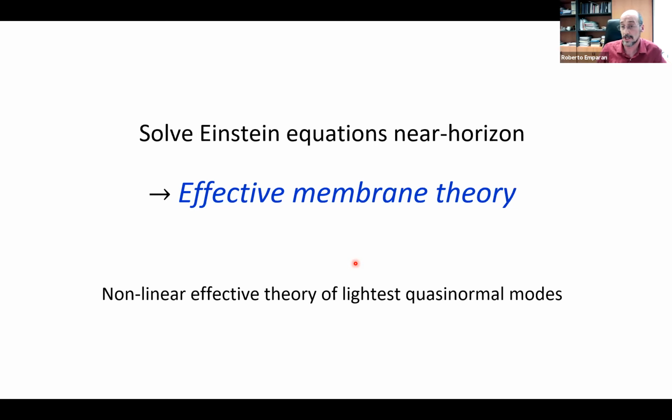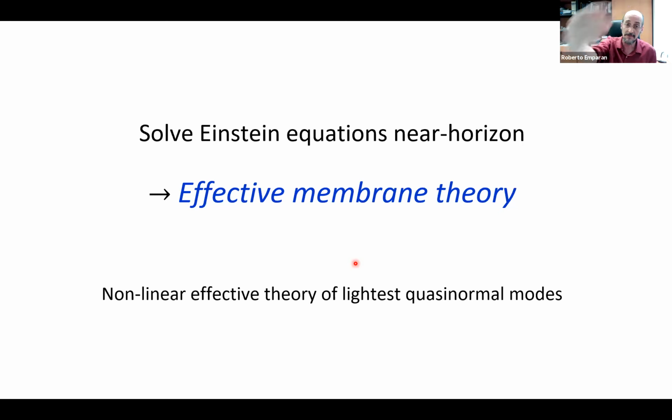We began analyzing quasi-normal modes, and we found that we could simplify a lot the calculation of quasi-normal mode frequencies of black holes at large D. We realized that there was a separation between different modes according to how the frequencies scale with D. There were some modes that were light, and these slowest modes, the ones that typically dominate the ringdown of a black hole, we found can be described not only at the linear level, which is what quasi-normal modes do, but we can also find the dynamics of these quasi-normal modes described non-linearly.